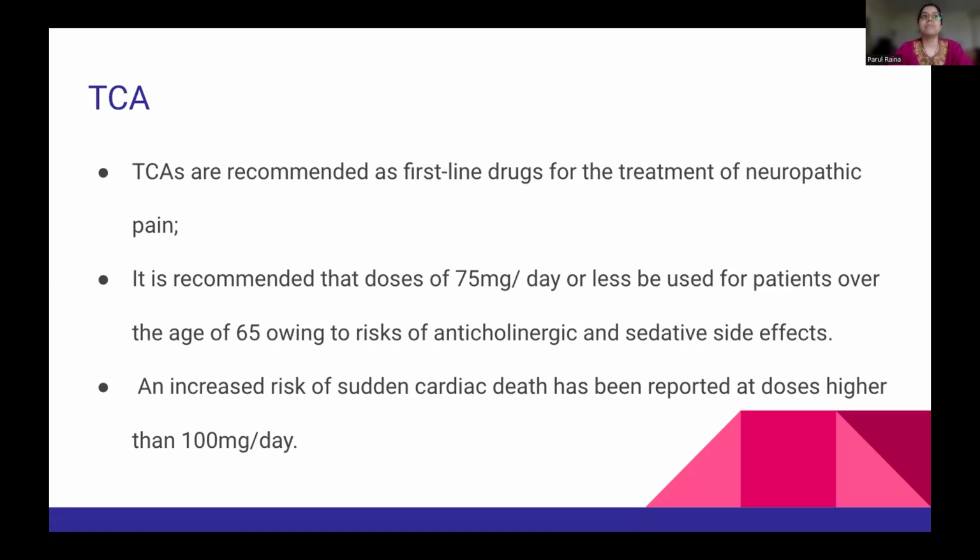We have to be very careful in elderly patients when using TCAs because of the high risk of anticholinergic and sedative side effects. Also, we have to avoid tricyclic antidepressants in cardiac patients, where sudden cardiac arrest has been found to occur at a dose higher than 100 mg per day.